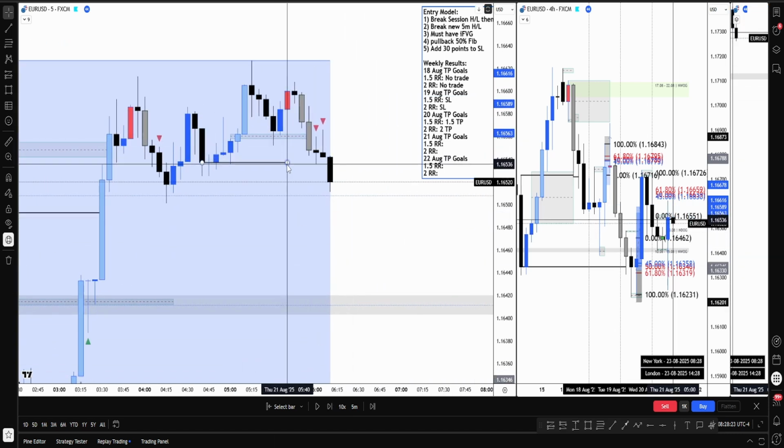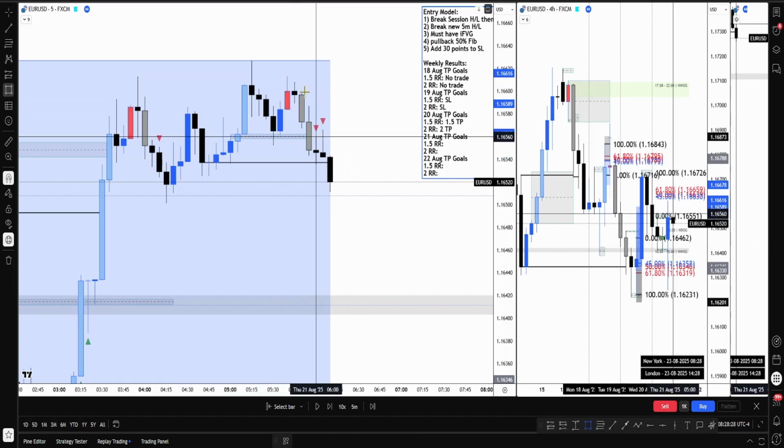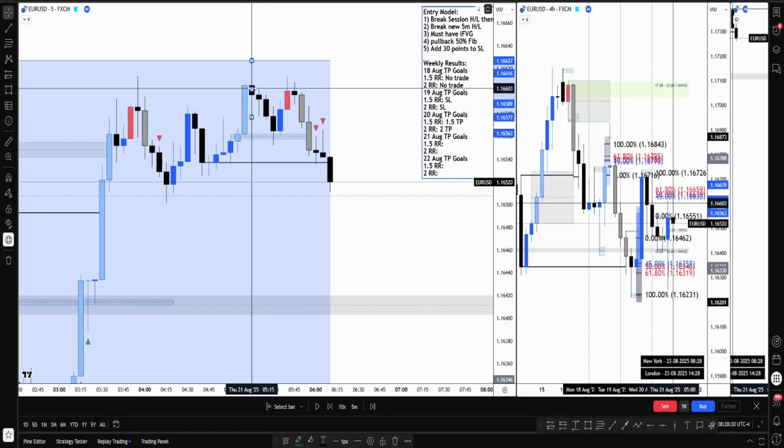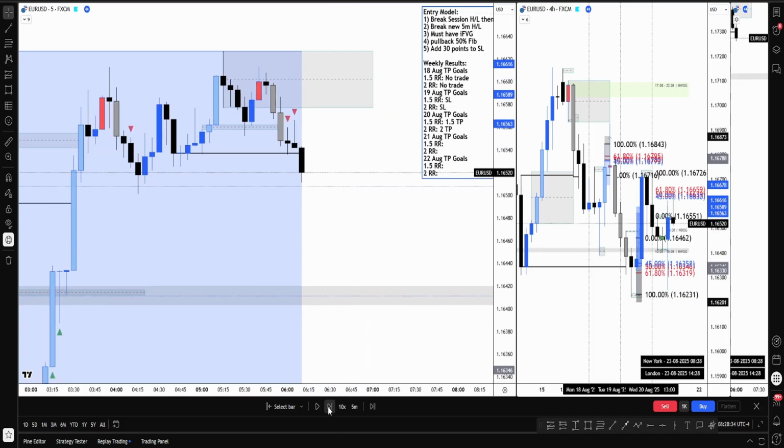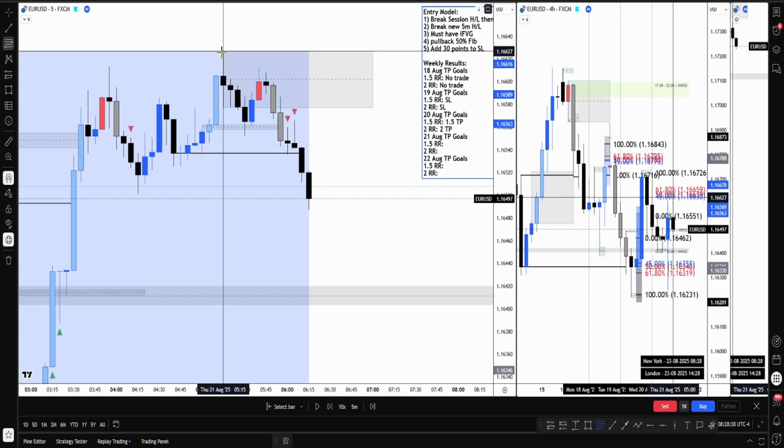There we go. Perfect. All right. So what is this last candle here? Let's highlight the last candle that created this high. All right. So now, what are we waiting for? We're waiting for a 50% Fibonacci pullback.